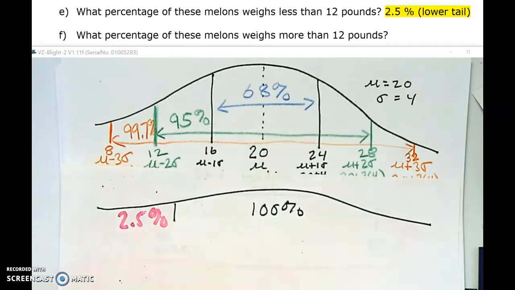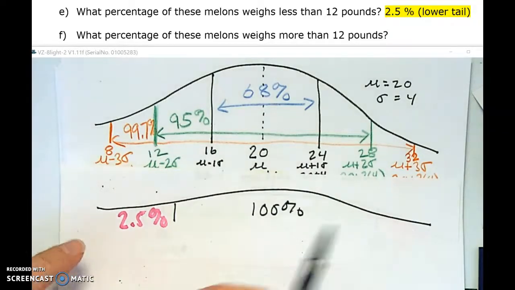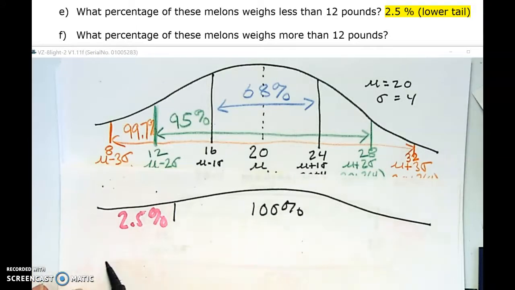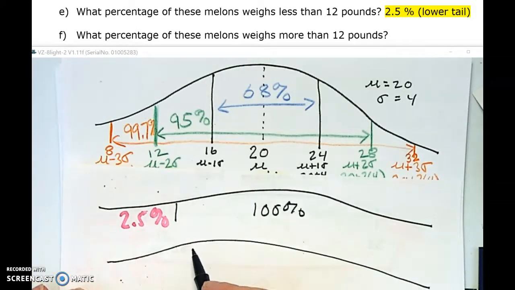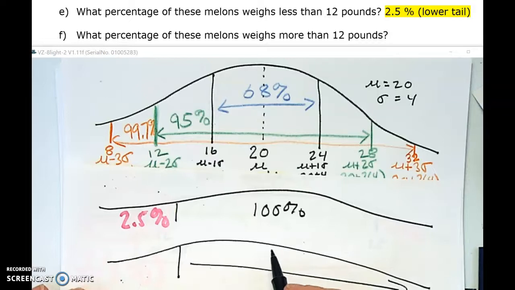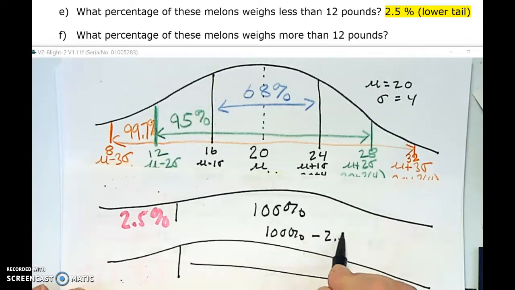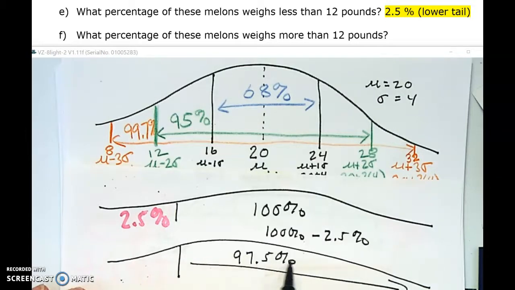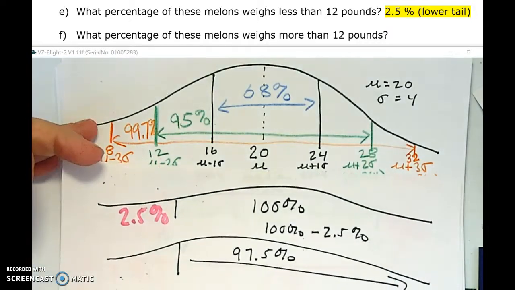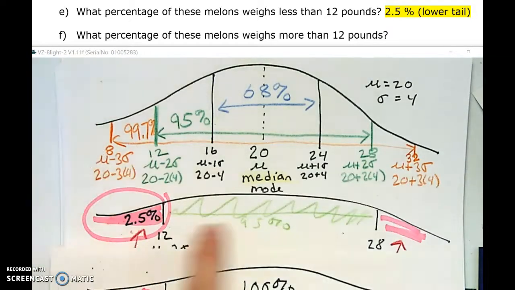Some people like to draw this and then subtract it. This is horrible, normal curves, so don't worry about what yours look like. So the rest of this is 100% minus 2.5%, and that is 97.5%.